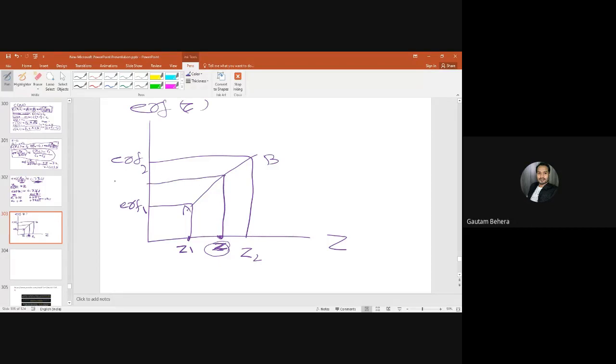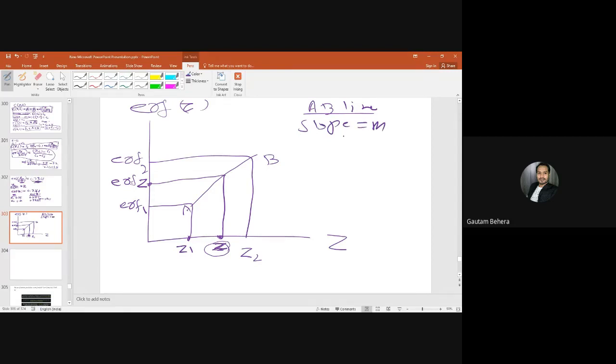Suppose this is your error function of Z. At this Z value I have an error function value over here, right? So here you can see the slope of the line. This AB is a line. So what is the slope? I can write the slope as m for this AB line.